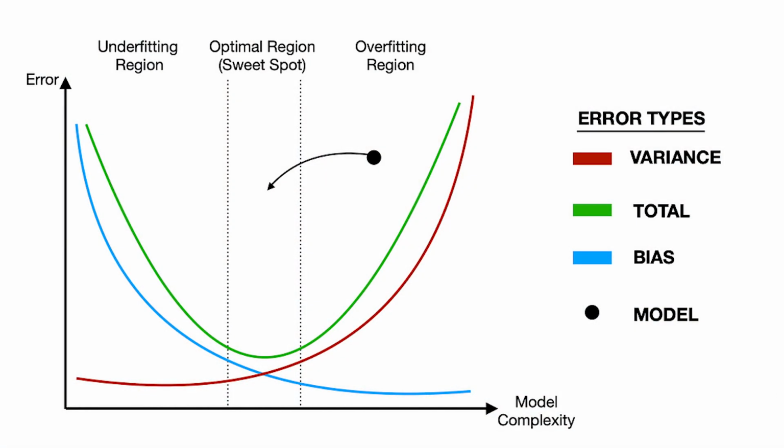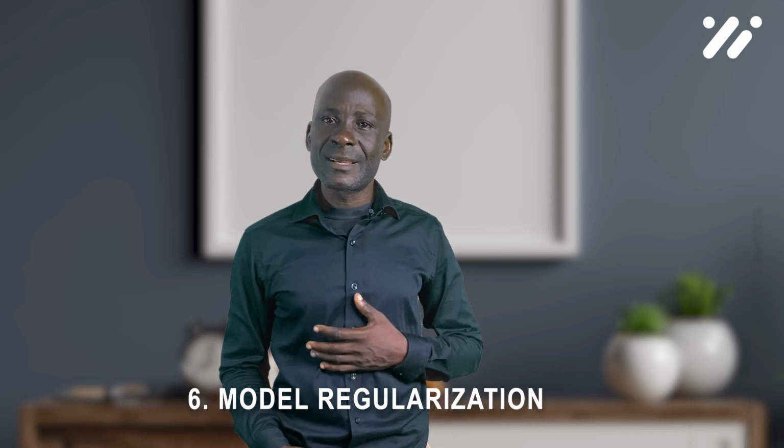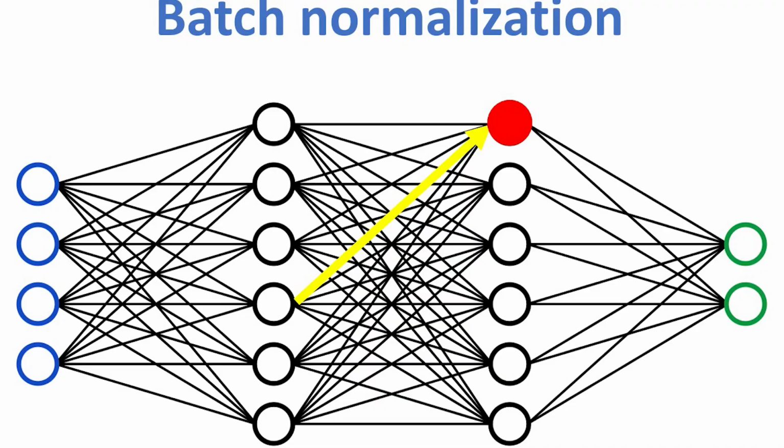Another optimization task is model regularization. So you apply techniques like early stopping, dropout, or batch normalization to prevent overfitting and improve model generalization. That is model regularization.